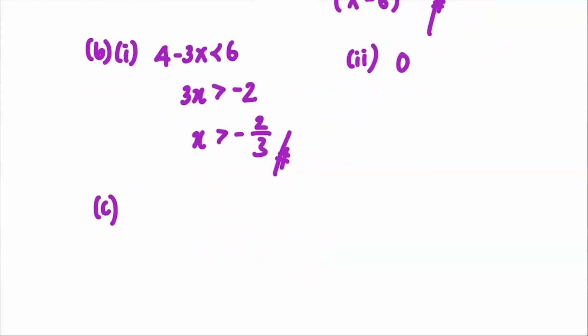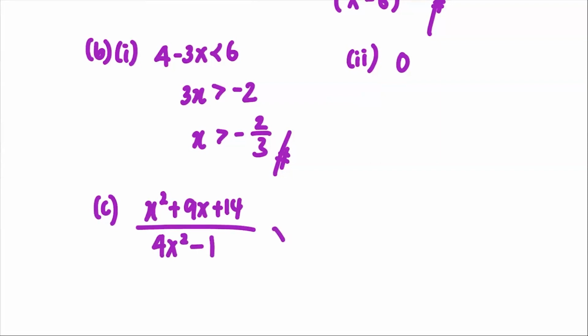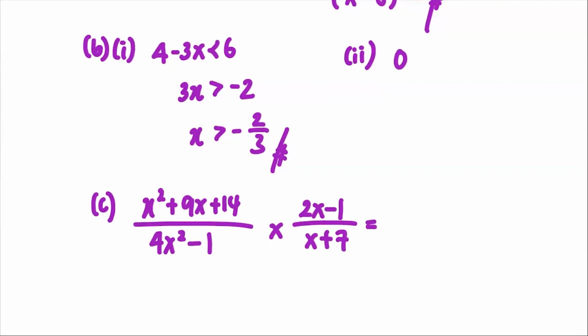Part C. The question is asking you to simplify the following: x squared plus 9x plus 14, divided by 4x squared minus 1, times (2x minus 1) over (x plus 7). So this is a quadratic disgusting thing.